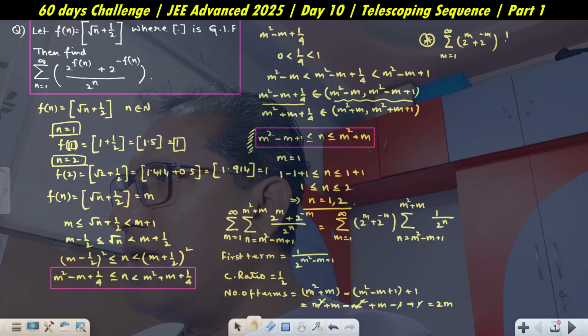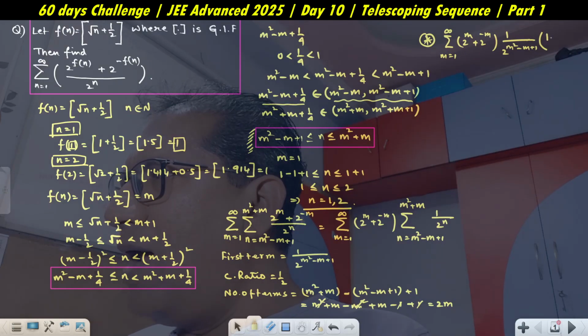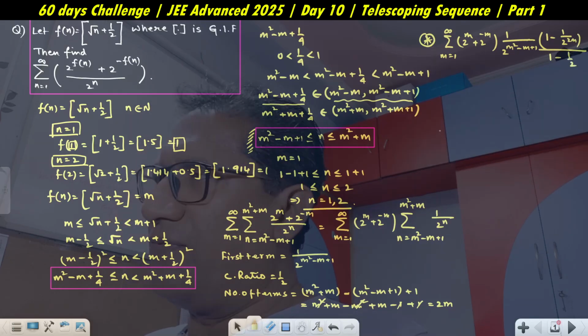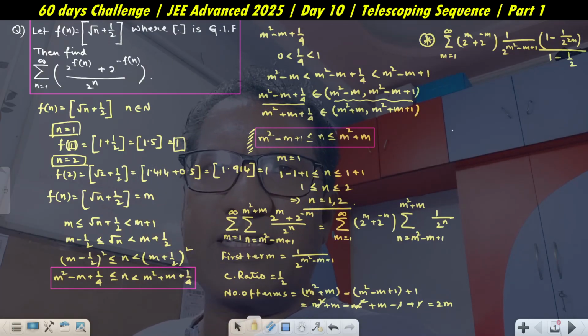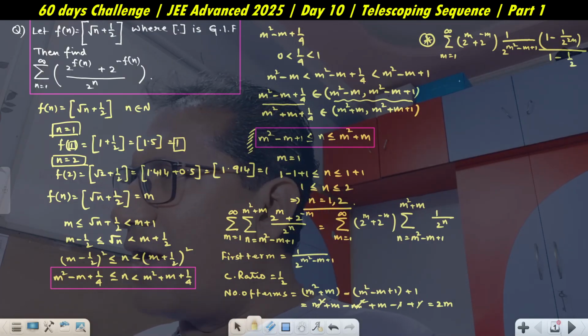It is a into 1 minus r to the power n, r is half, and n is 2m, divided by 1 minus half. a into 1 minus r to the power n divided by 1 minus r.